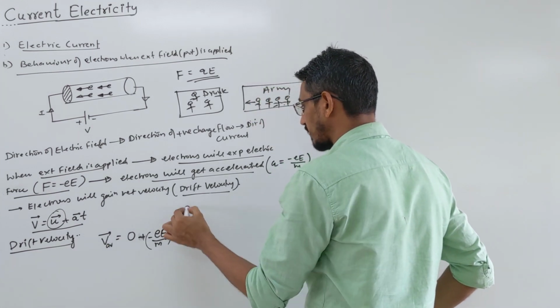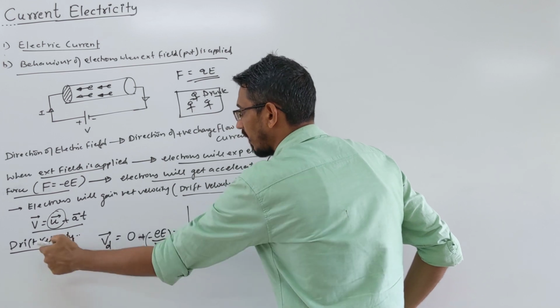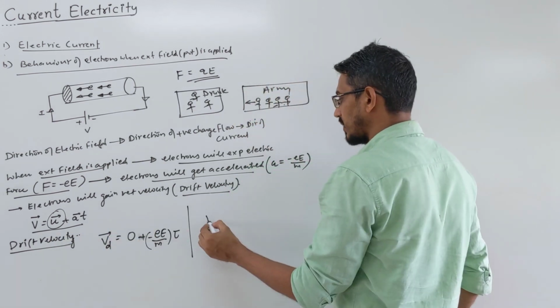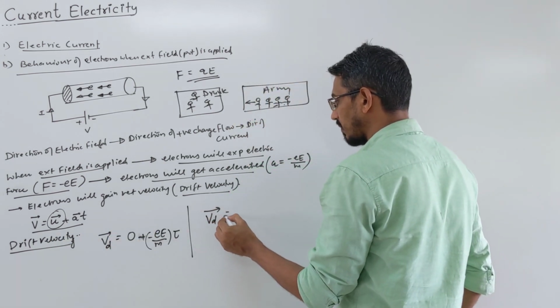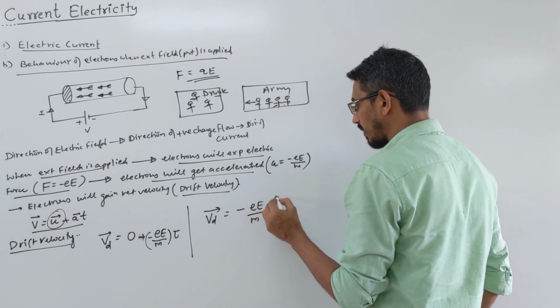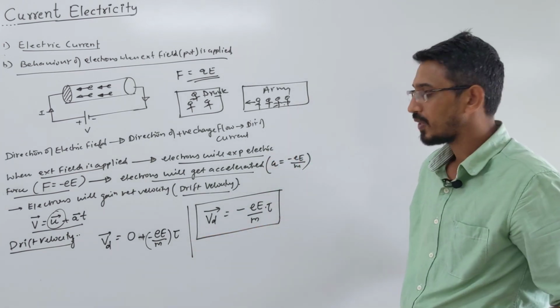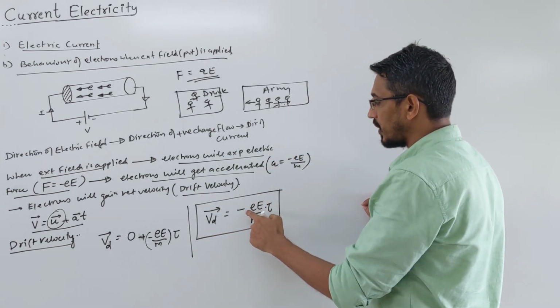So the final average velocity, we write the D symbol here, and we call it drift velocity. So what is the drift velocity equal to? Minus E by m into tau. This is your drift velocity of the electrons. You know the meanings of all the symbols.